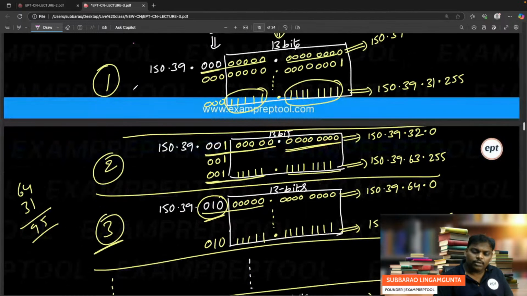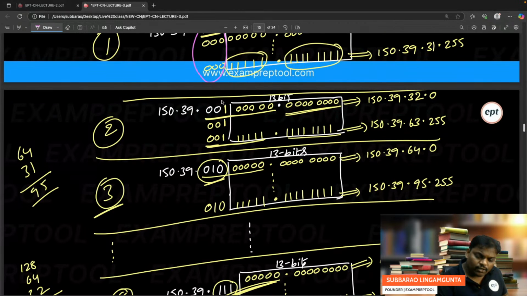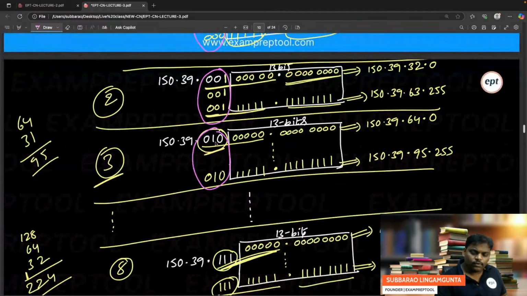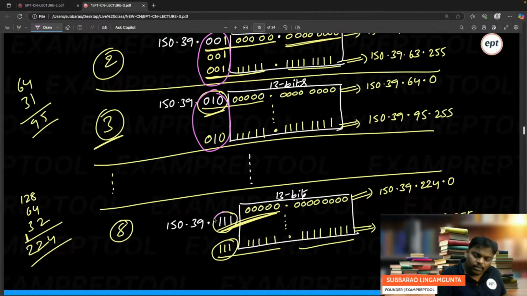These all have 3 bits: 000, 001, 010, up to 111. So please be careful.